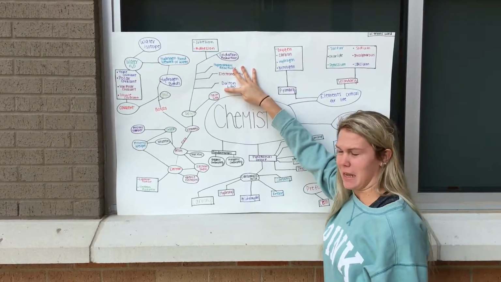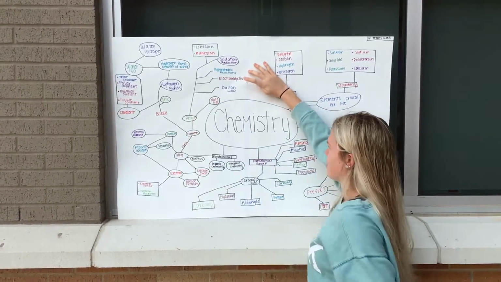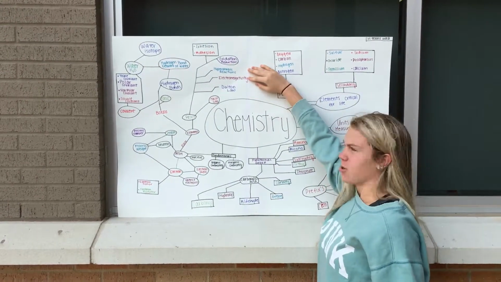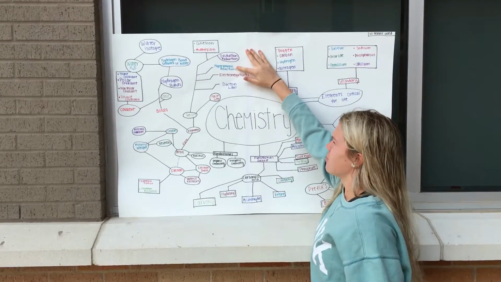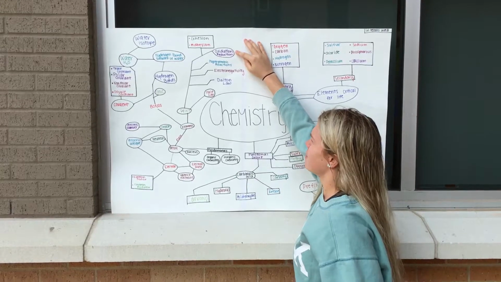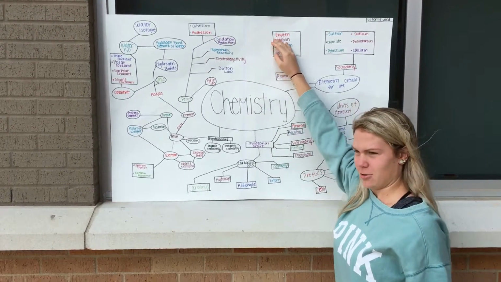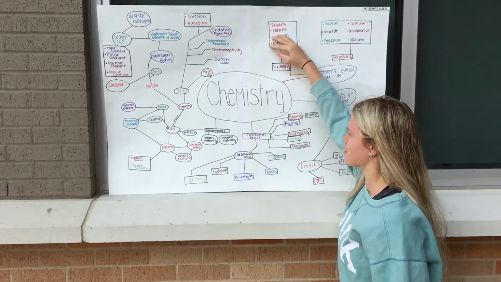It's usually more radioactive stuff. And then you have Dalton's law, electronegativity, hydrophobic reactions, oxidation reactions, and then you also have cohesions and adhesions. And those are all products of reactions.